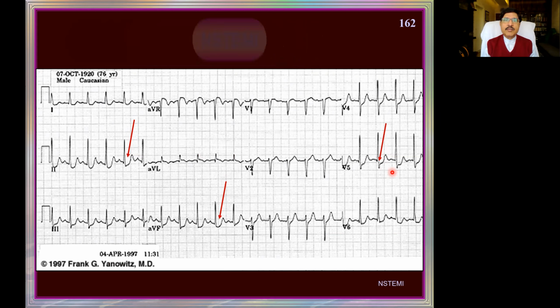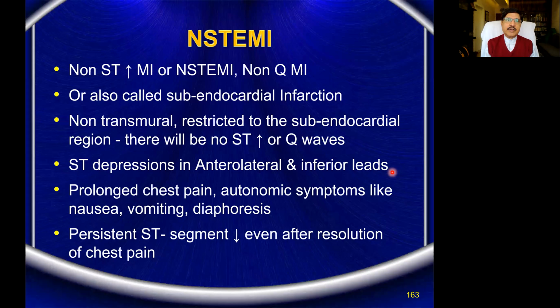So this is a case of non-ST segment elevation infarction, whereas NSTEMI, non-Q MI, is also called subendocardial because it is not through and through, non-transmural, restricted to the subendocardial region. There will be no ST elevation here.